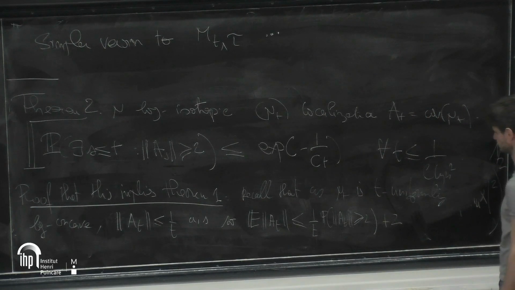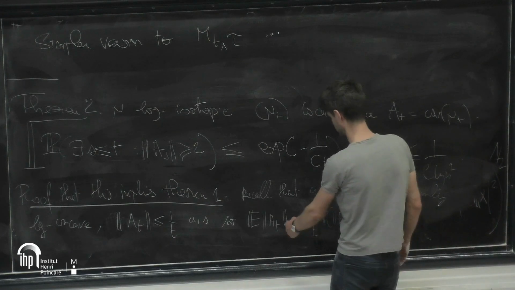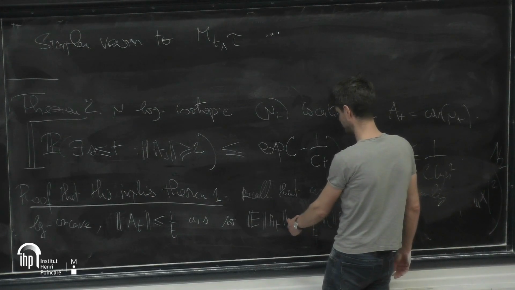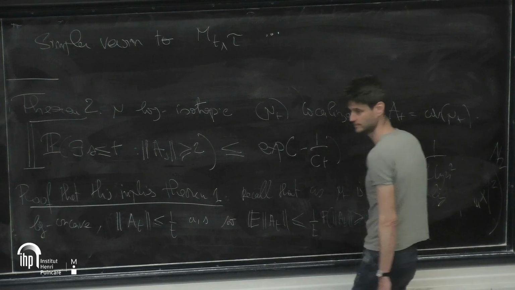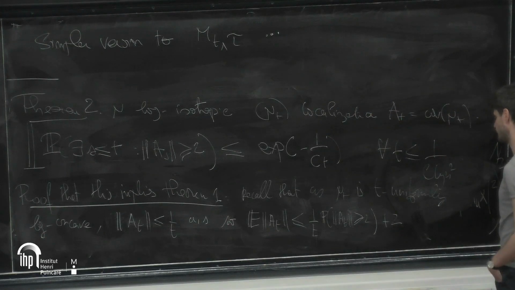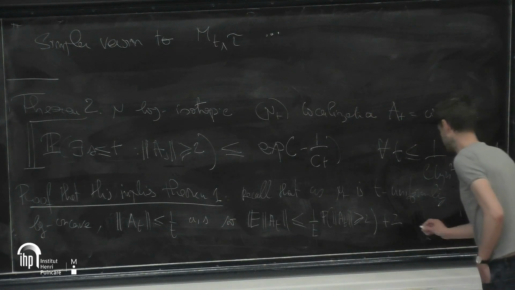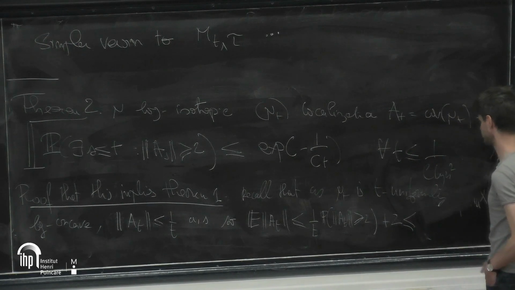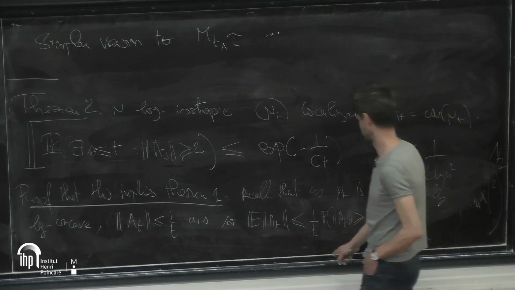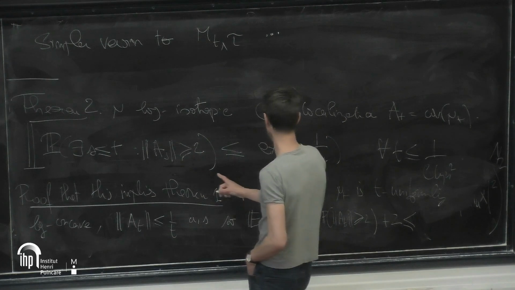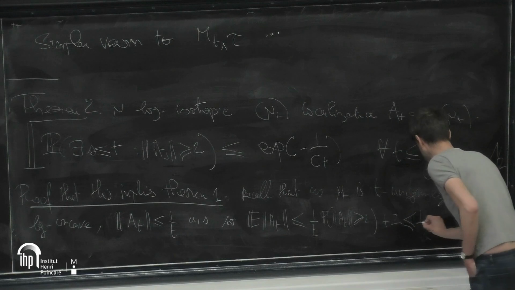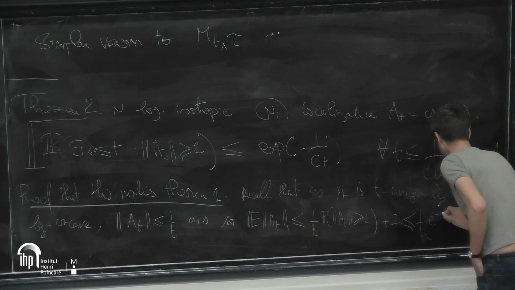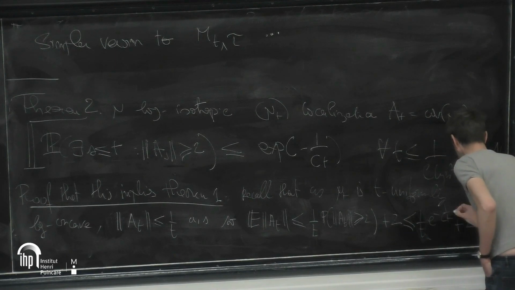I mean, you just split this expectation under the event that AT is larger than 2 and the event that AT is smaller than 2. And if t is in the correct time range, this is at most 1 over t e to the minus c over t, plus 2.